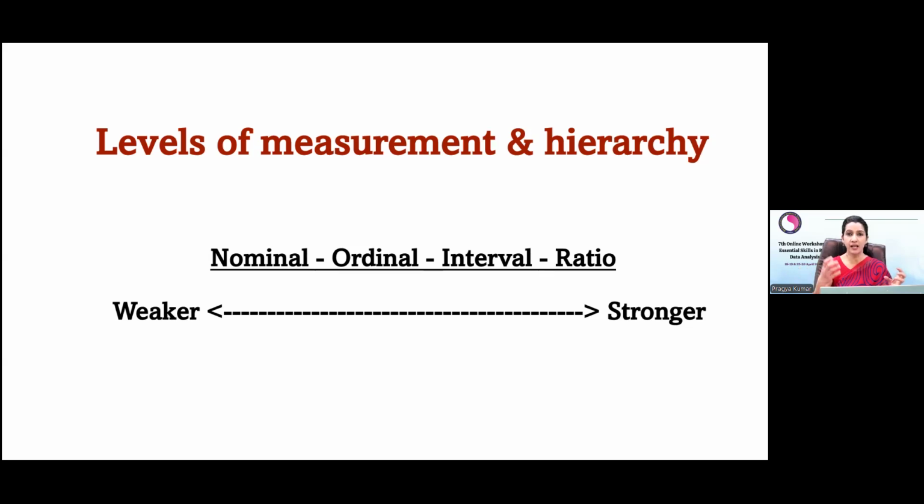Like we say in case of research, cross-sectional is at the bottom, and RCT is at the highest hierarchical level. Similarly, if you go by the levels of measurement, the nominal is the weaker and the ratio is the stronger one.